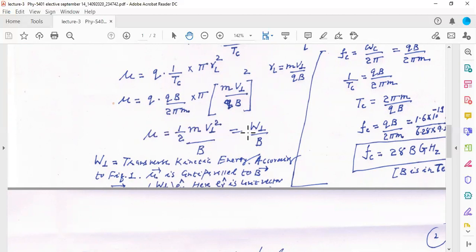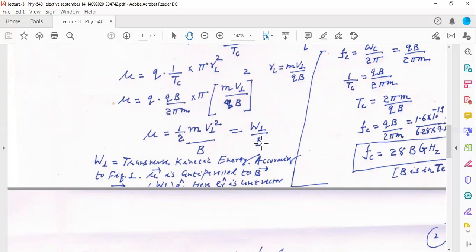Please remember, if I write down a minus sign, it indicates that the direction of the magnetic moment is in the opposite direction. Suppose I write down e_r caret vector here, and define e_r caret vector to be in the direction of the applied magnetic field.